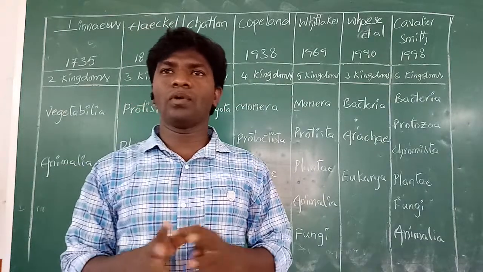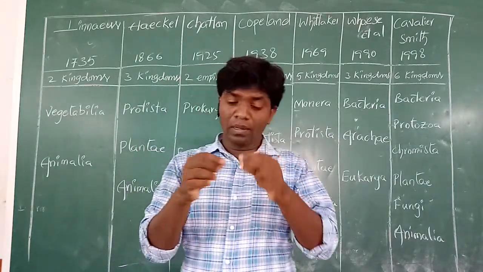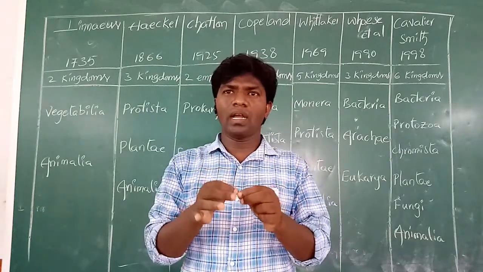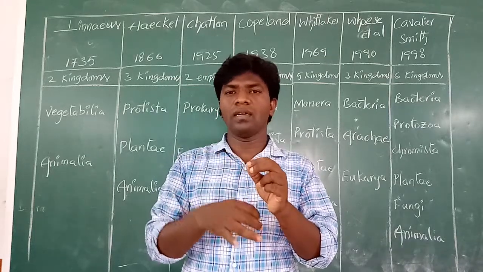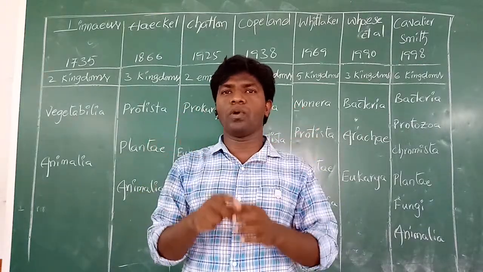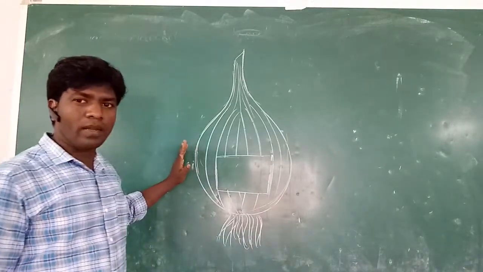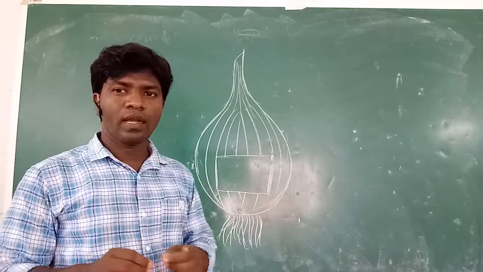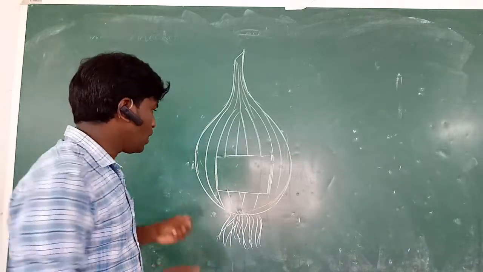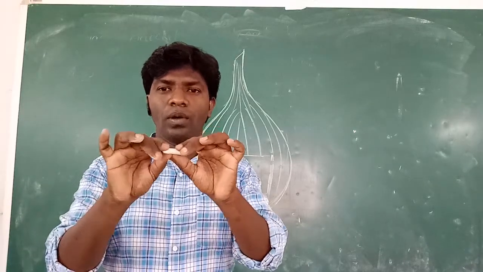Now I would like to explain observing onion peel cells. Collect one onion and remove the peel, then cut a small fleshy portion of the onion bulb and break it into 2 equal parts.